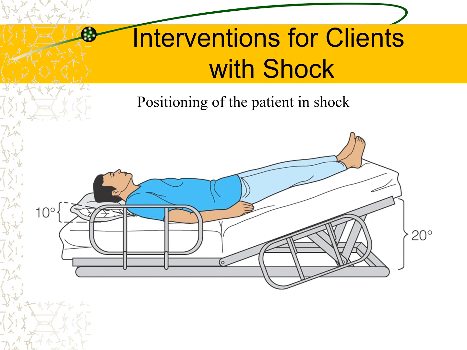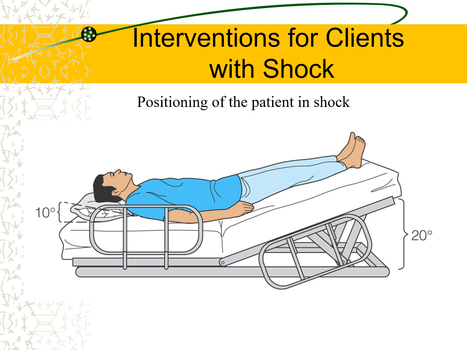Now, this slide shows us how important the positioning of the patient is in shock. The patient in shock should be positioned with the lower extremities elevated approximately 20 degrees. The knees should be straight, the trunk is horizontal, and the head preferably would be elevated about 10 degrees.